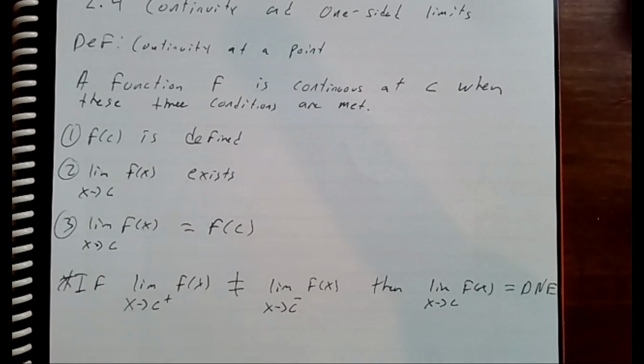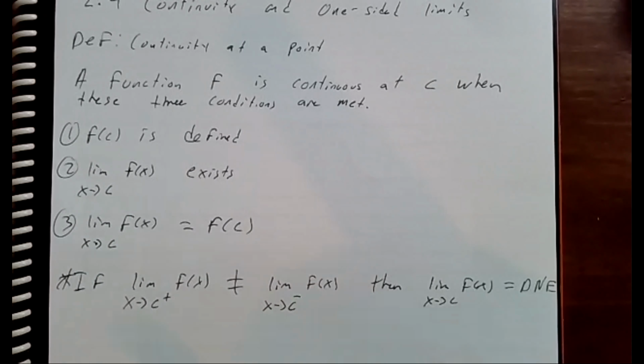Okay, so if the left and right are different, the actual limit does not exist. That's what happened with number 2. They were not the same.